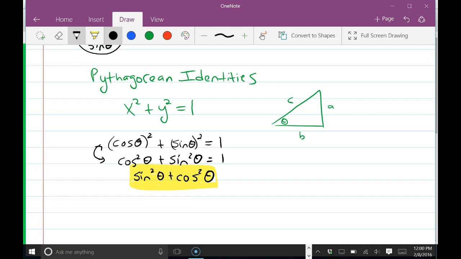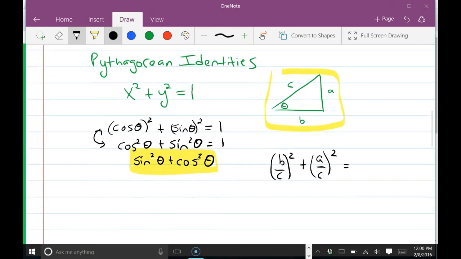If you look over here at this triangle, let's plug in what we know and see what happens. If I do the cosine of theta, that's going to be b over c, and I square it, and then I add to it the sine of theta, which is a over c, squared.